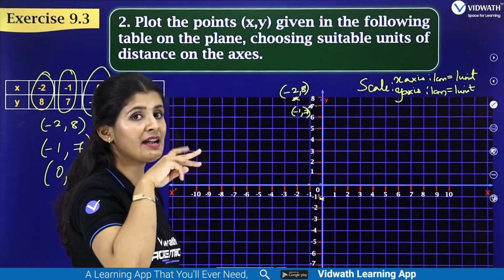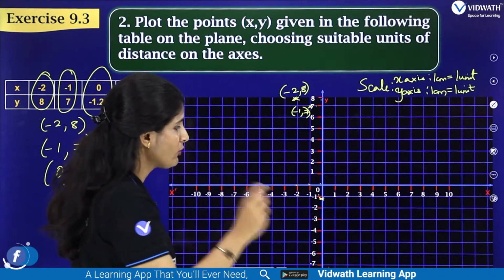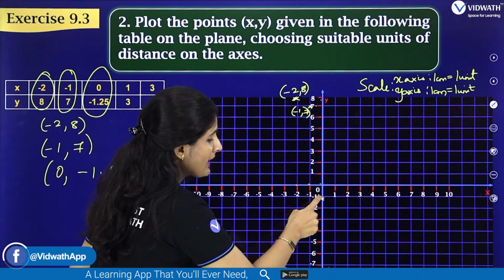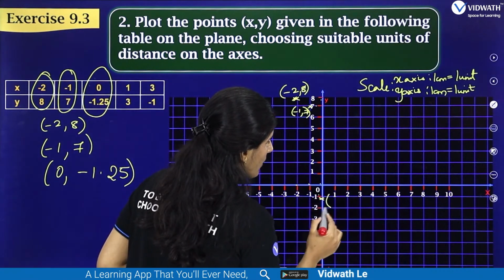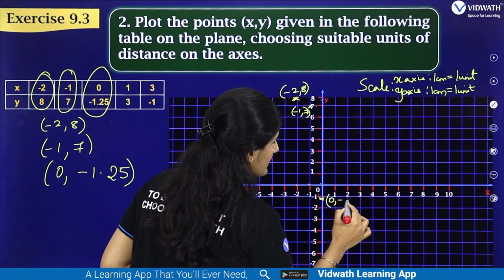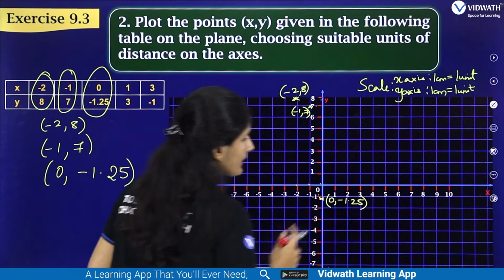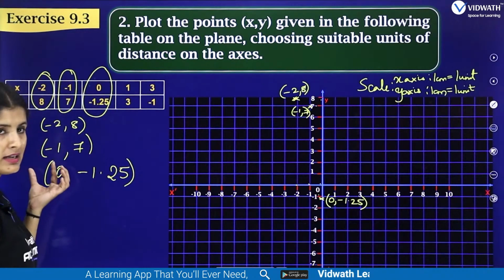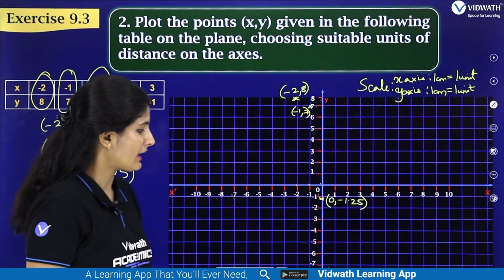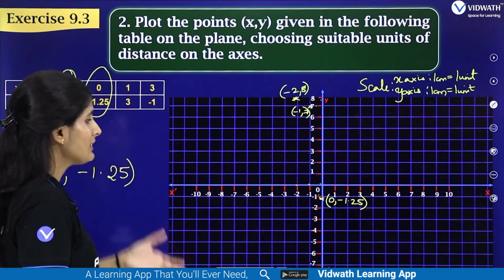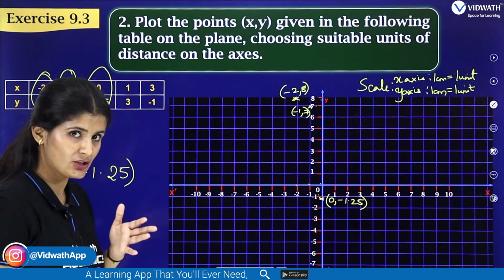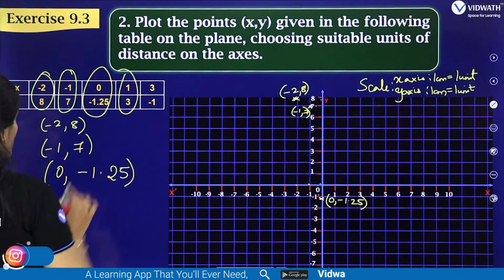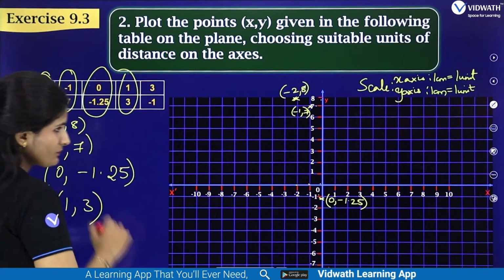Between the second and the third fine line, you will get the point minus 1.25. So, this point will have coordinates 0, minus 1.25. Remember students, whenever the x coordinate is 0, the point will lie on the y-axis. Whenever the y coordinate is 0, the point will lie on the x-axis. Clear students?